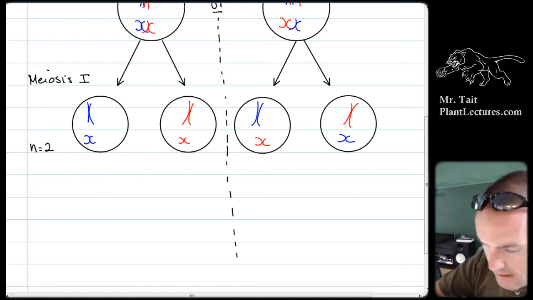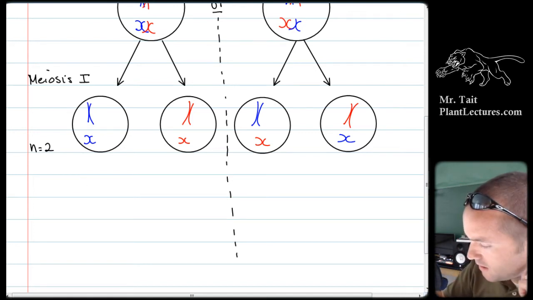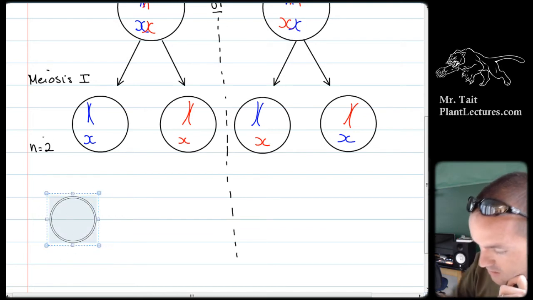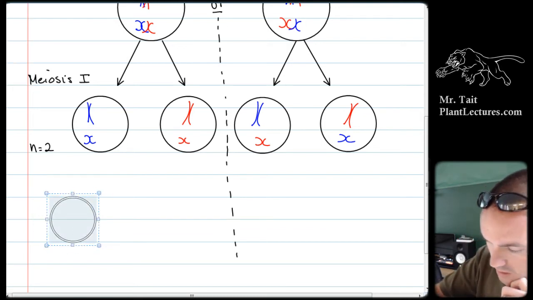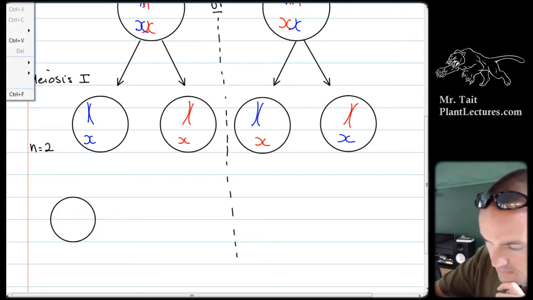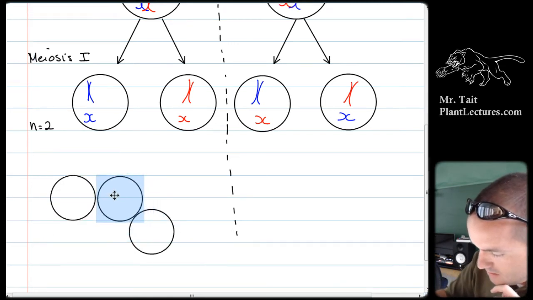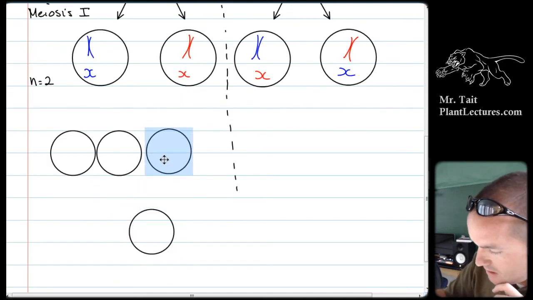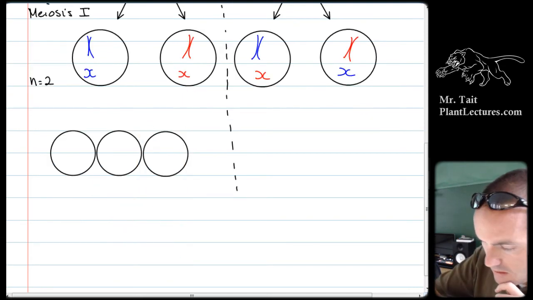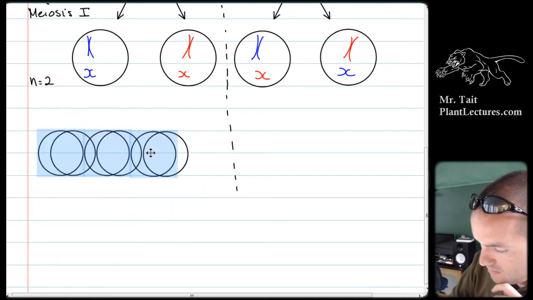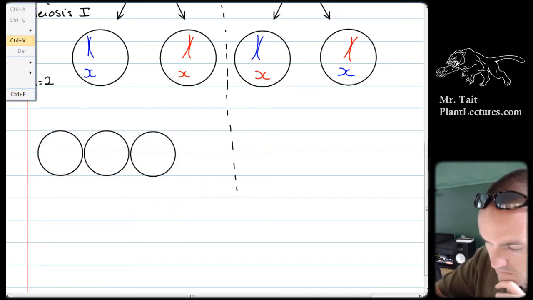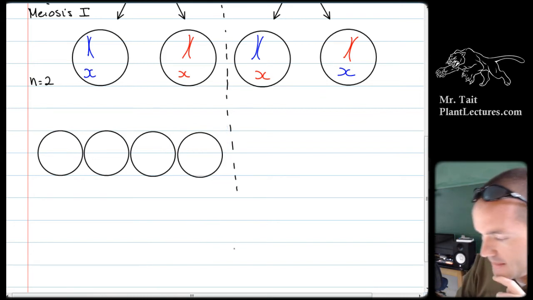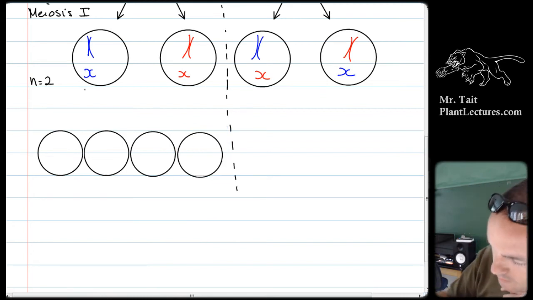So next, let's go through and put our 4 possible cells down here. Copy, paste, paste, and I didn't leave myself enough room. Paste. Okay, so those 4 cells are like this.